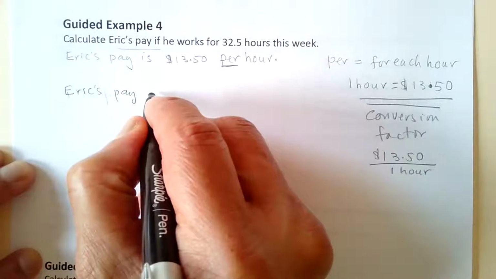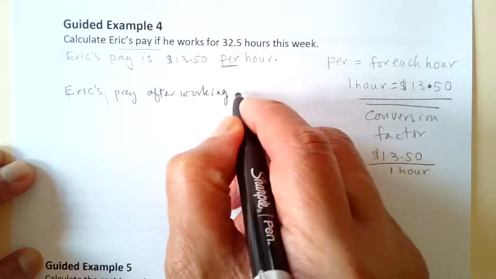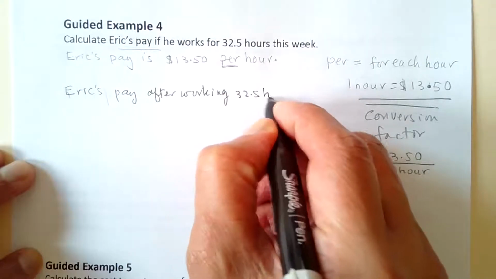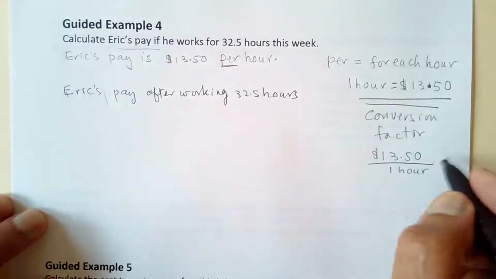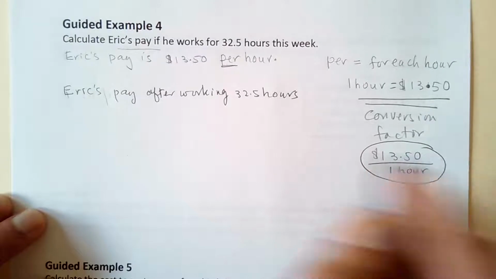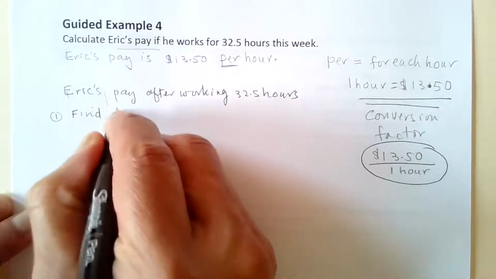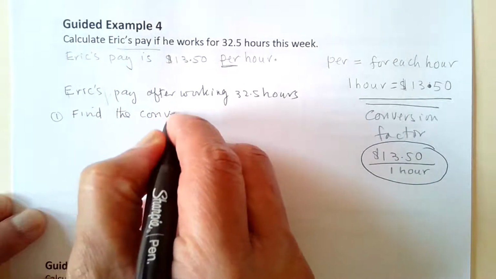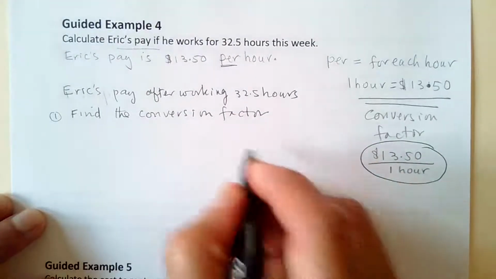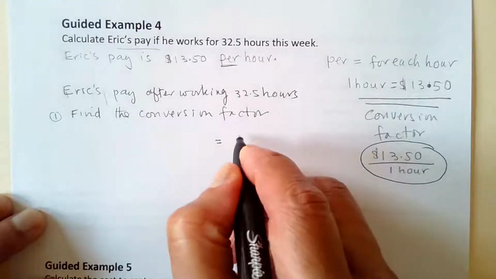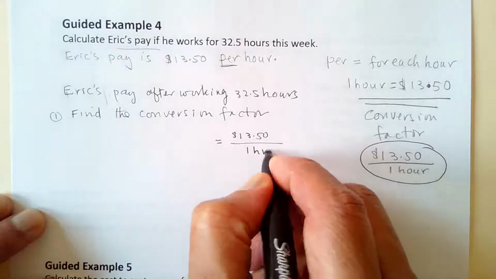Eric's pay after working 32.5 hours. We need the conversion factor first. So first step, find the conversion factor, which is equal to $13.50 for 1 hour.